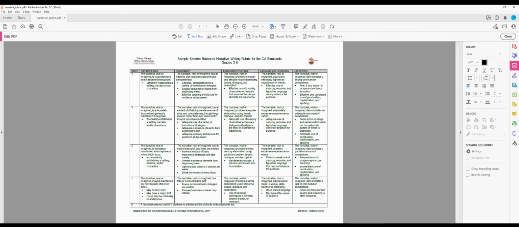On your paper, I want you to write for a 4, that's a great paper. If it's a 3, a 3 paper is good. You can write it small or you can write it vertical.